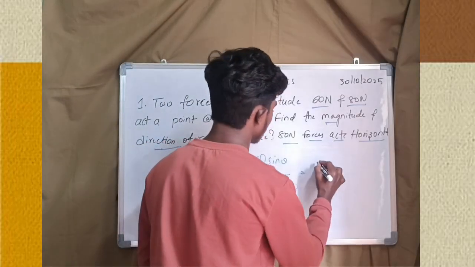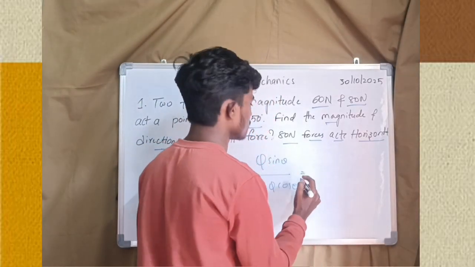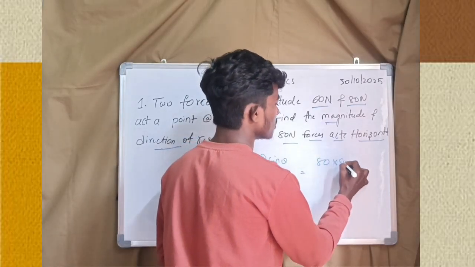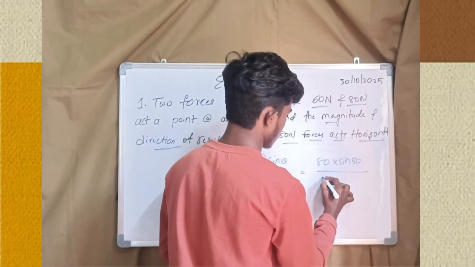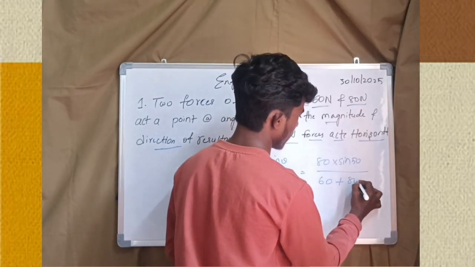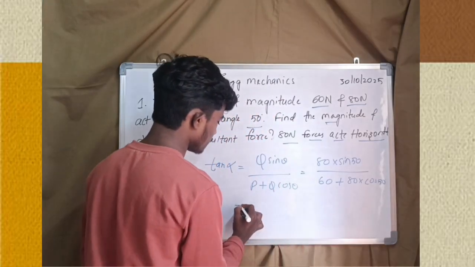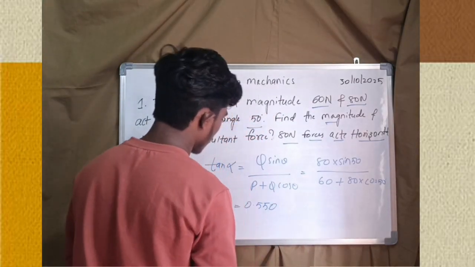By substituting values, we get 80 into sin 50 divided by 60 plus 80 into cos 50. We get tan alpha equal to 0.050.